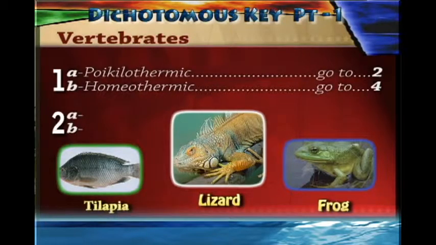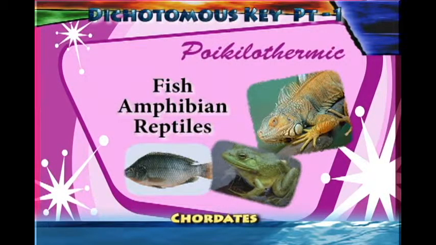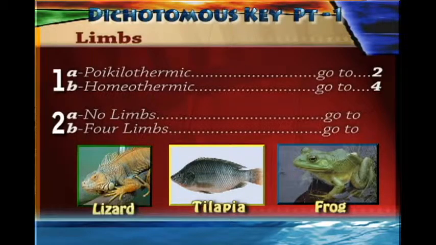When we reach number 2, we still ask 2 questions. Remember we have the fish, the amphibians, and the reptiles. This time we are going to use the limbs, and we ask, of these organisms, which one does not have limbs, and which one has 4 limbs?